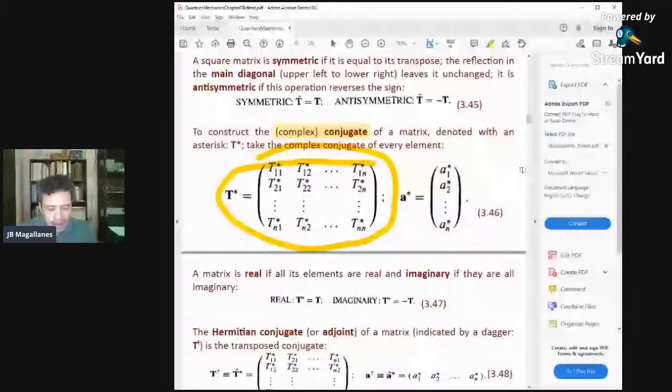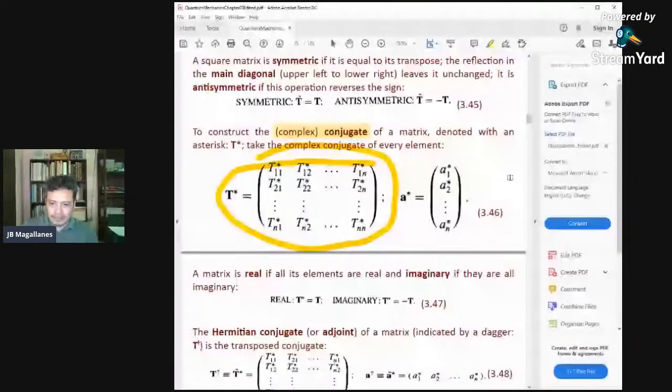So if you have 3 plus 4i in the original matrix, then the complex conjugate of that would be 3 minus 4i. Or if in the original matrix you have e to the ix, the complex conjugate would be e to the negative ix, and if the original has e to the negative ix, then the conjugate will be e to the ix. So you just change the sign.